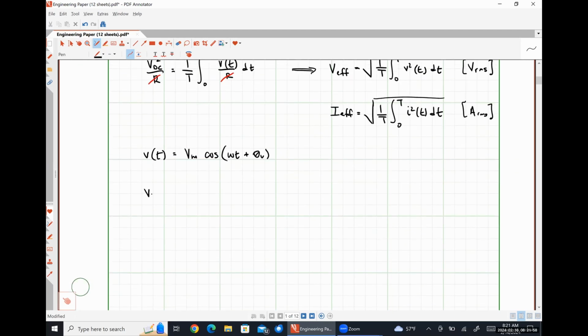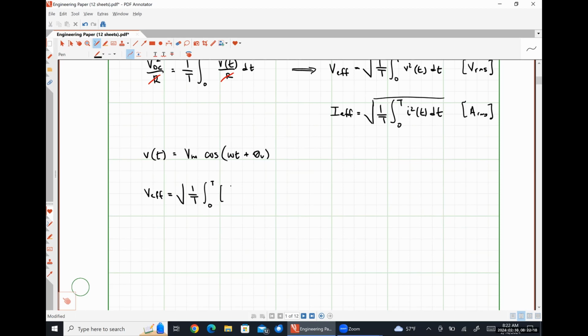So I'm simply going to apply my equation. So V effective is going to be the square root of 1 over T times the integral from 0 to T of this voltage waveform squared. And I'm going to use that same trig identity that I used last Friday.